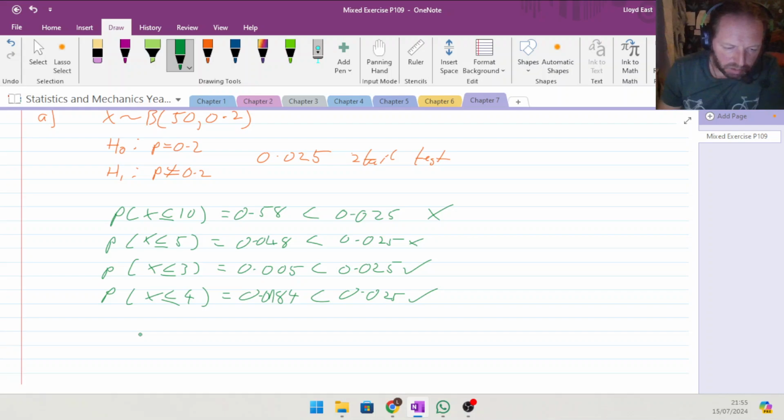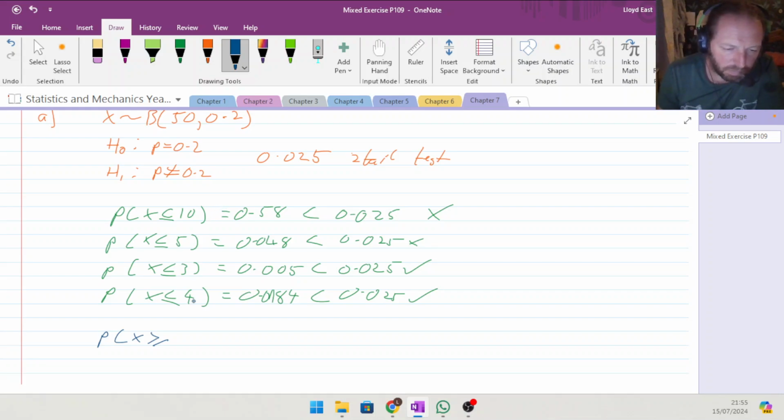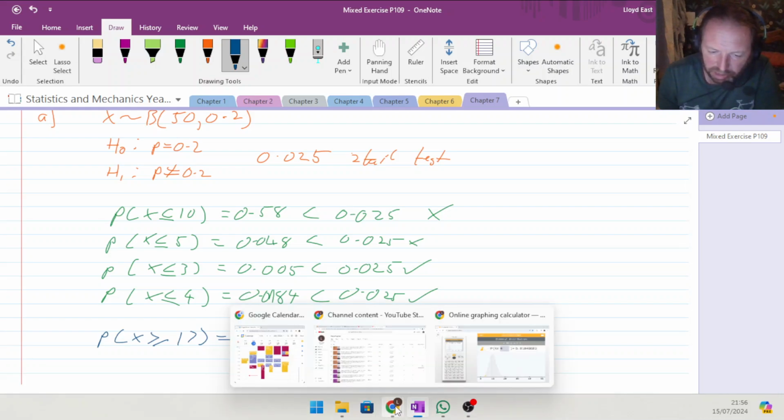So now let's jump towards the upper tail. We're going to look at the probability of X being greater than or equal to. Now we know 10 got over the 50% mark, so let's go for 17, which of course is going to be 1 minus the probability of X being less than or equal to 16, which is equal to 1 minus, let's go find out what the number is, 16.